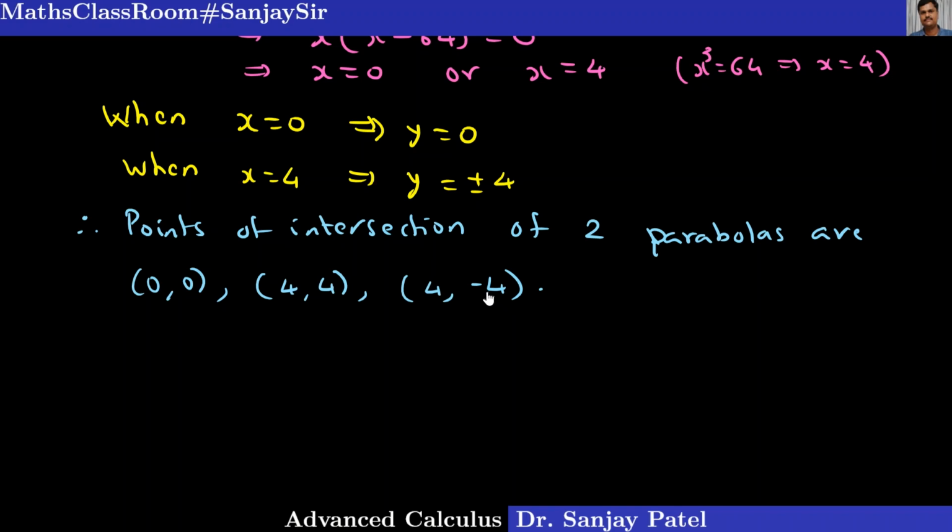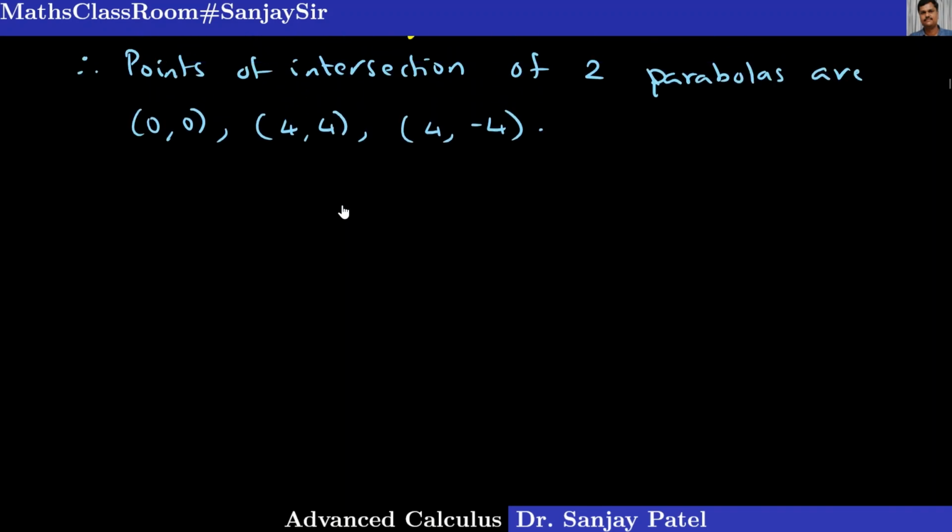So these are the possible points. Now let us try to draw the two curves in the Cartesian plane, keeping in mind that these are the points of intersection.